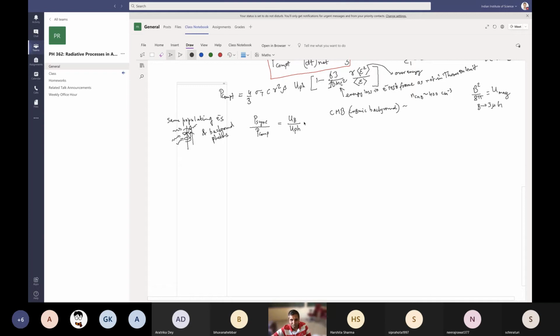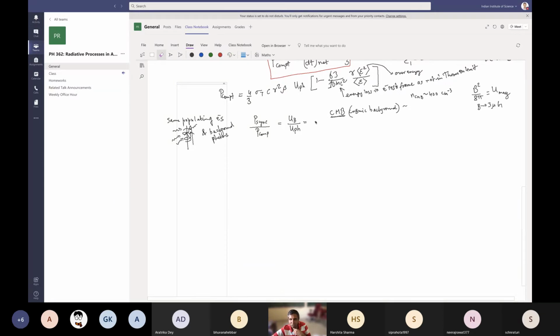So UB by UPH would be equal to B by 3 microgauss, whole square, if you have CMB background photons. So basically, if your magnetic field strength is greater than 3 microgauss, then the total, sorry, B by that, not this. I have it the other way around.